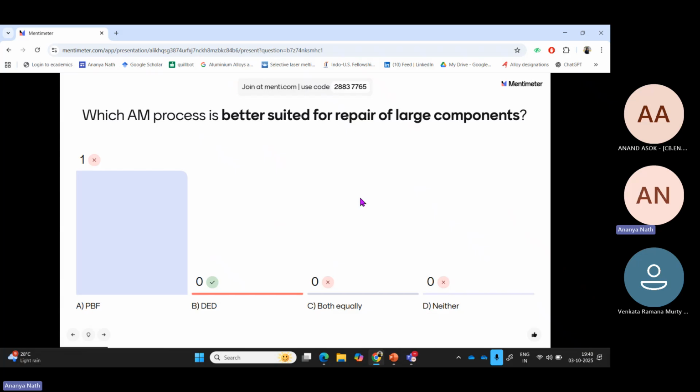We have all seen that repair is done with cladding, like DED.